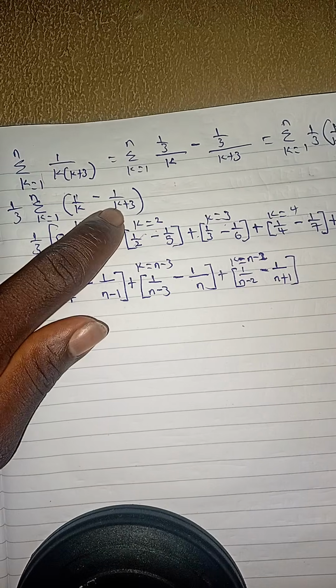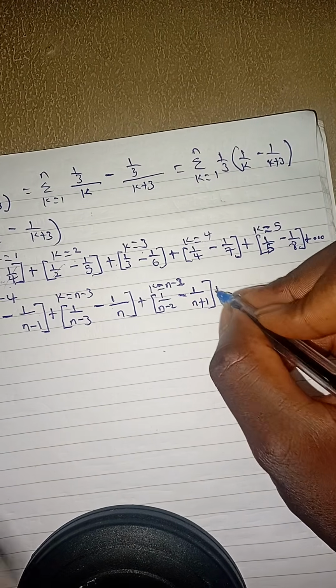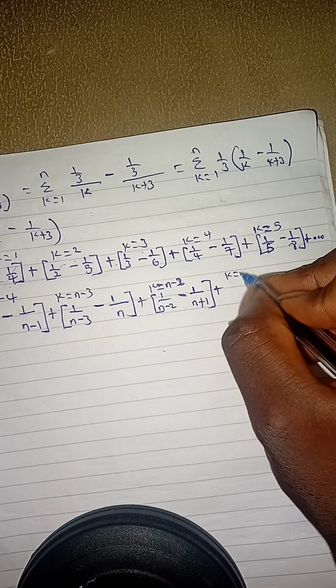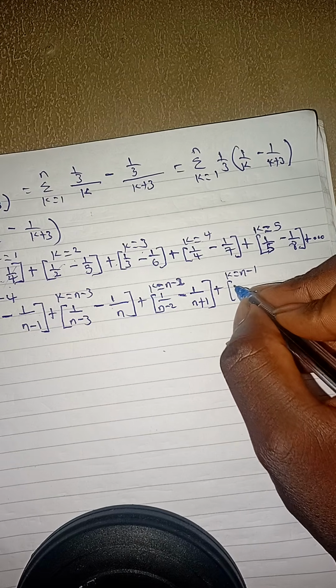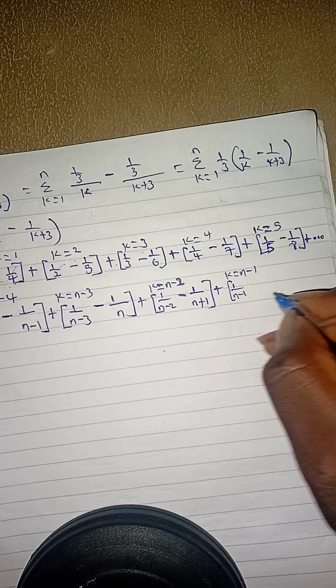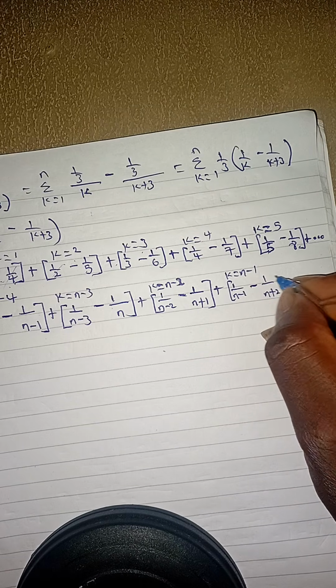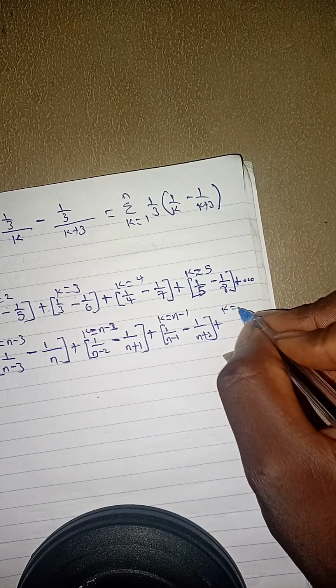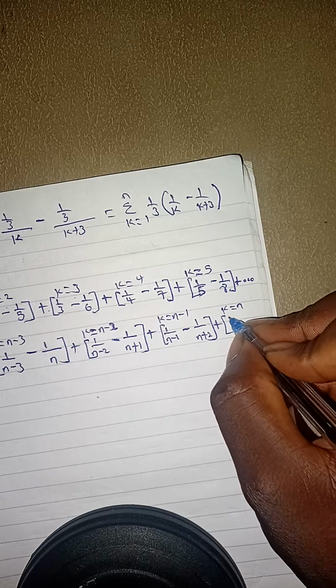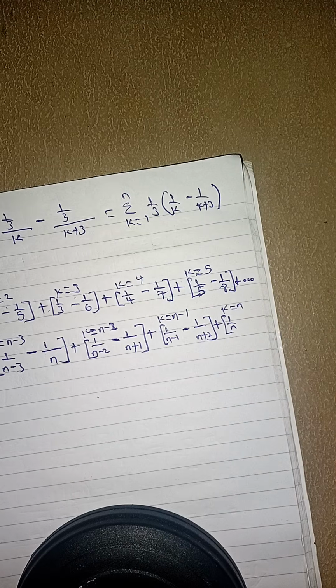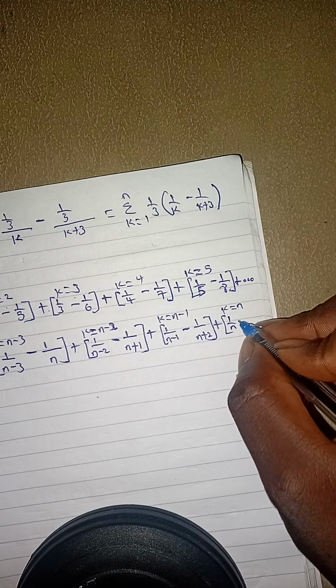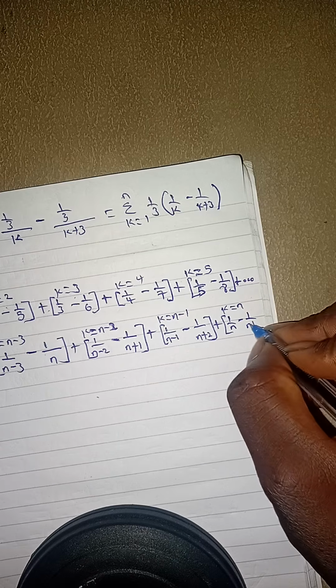You put n minus 2 here, plus 3, you get n plus 1. Plus, when k equals n minus 1, I will have 1 over n minus 1 minus 1 over n plus 2. Plus, when k equals n, I will now have 1 over k, that's 1 over n, minus 1 over n plus 3.